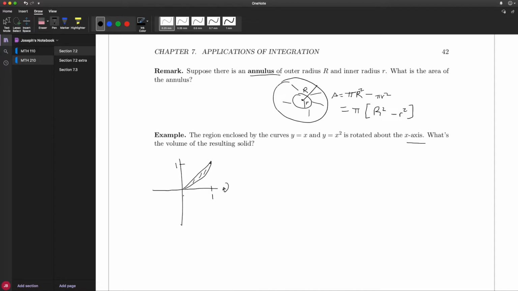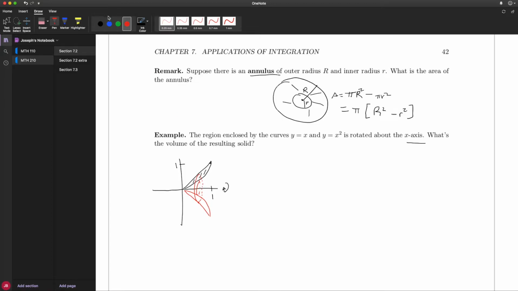Okay, and so if we draw what we get, we're going to get something like this, and now what we're going to have is cross-sectional. Now they're no longer discs, they are cross-sectional washers. Okay, so something like that.